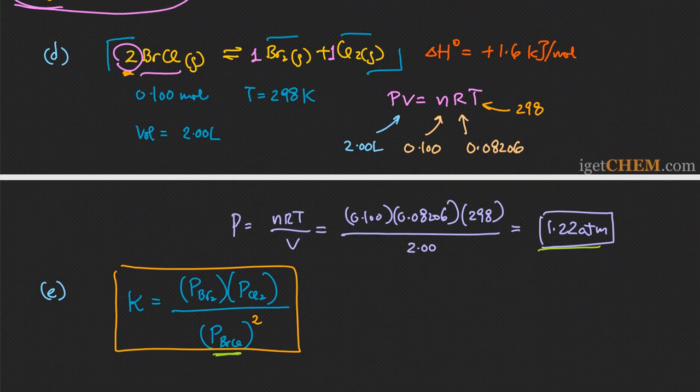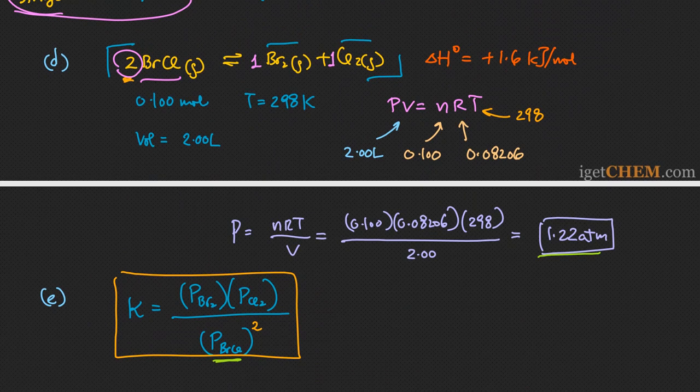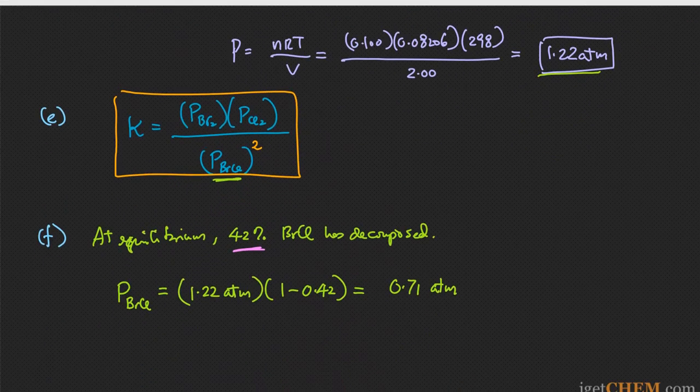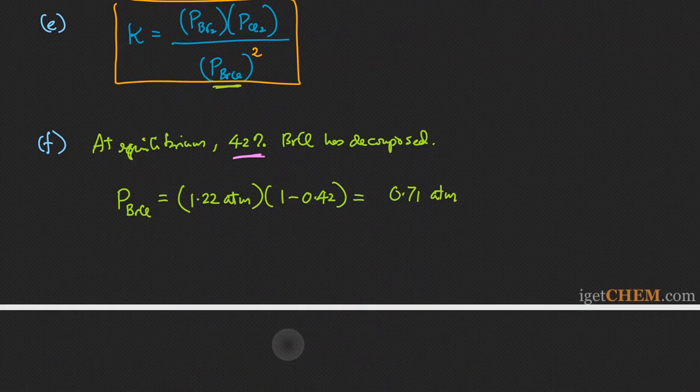And because every 2 BrCl makes 1 Br2 and 1 Cl2, then the amount of Br2 is equal to the amount of Cl2 that is created by the decomposition of BrCl, and that is also equal to just 42% of 1.22 atmosphere.